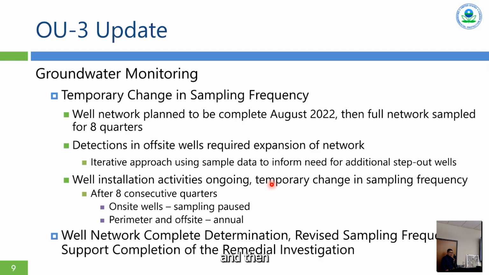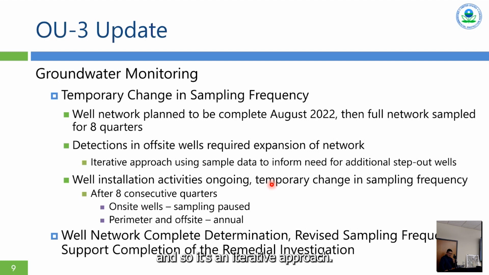And then the plan was to sample that network for 8 consecutive quarters going forward. But the detections in off-site locations required a significant expansion of the network in order to delineate exactly where the impacts are found. So a lot more wells were put in. We're still putting them in as we chase the edges of the impacts.